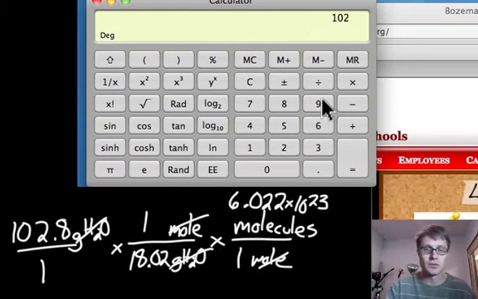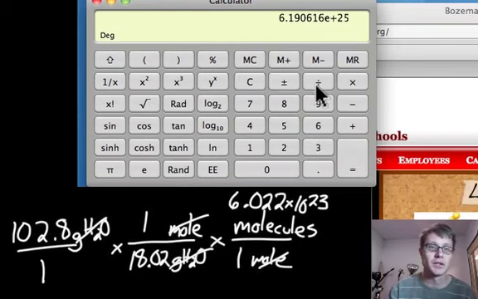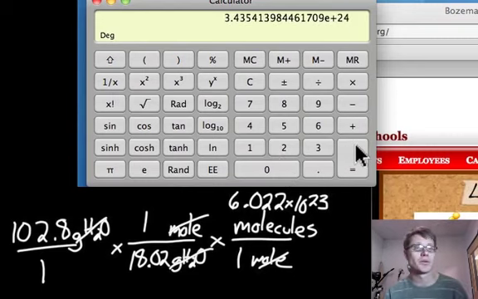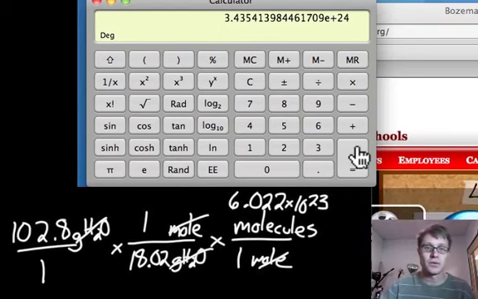So it's 102.8 times 6.022. I love this key right here. What it does is allow me to write in the exponent. So it's times 10 to the 23rd equals that. And then I'm simply going to divide that by 18.02. And so the right answer for that is 3.435 times 10 to the 24th.